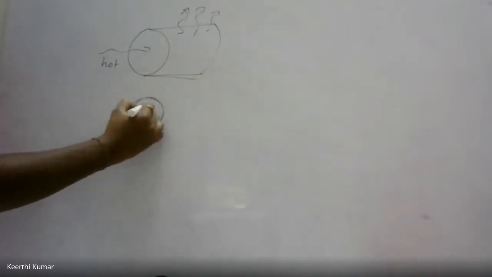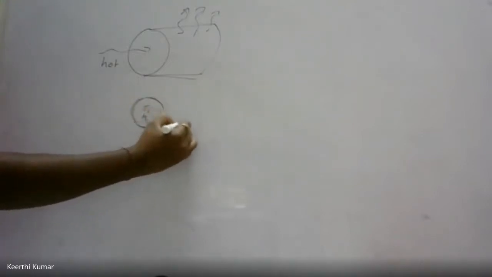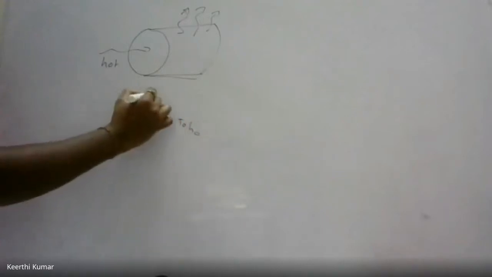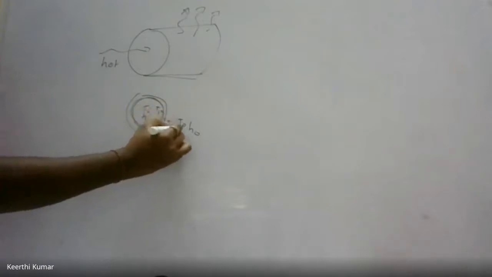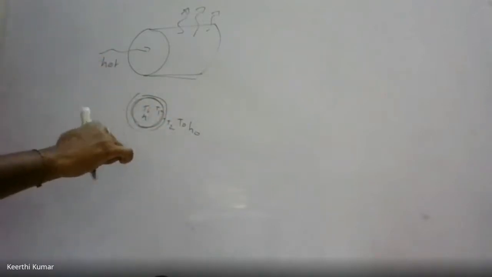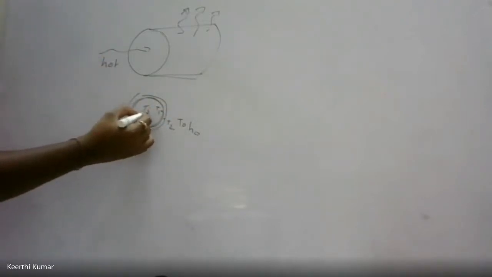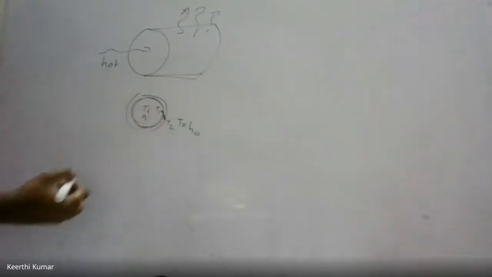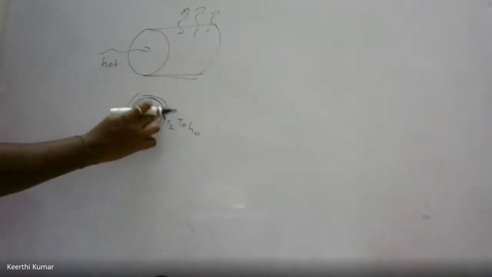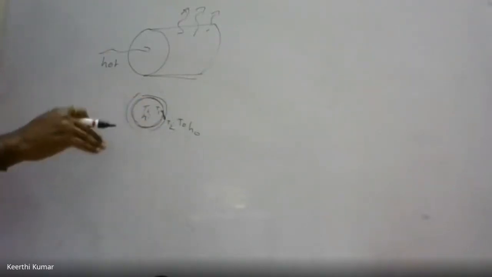If there is a pipe with Ti, Hi, T0, H0, and the pipe material has some thickness, we used T1, T2. But there we did not concentrate on how the heat transfer takes place from fluid to material. We just concentrated on how heat transfers through the thickness of the material.